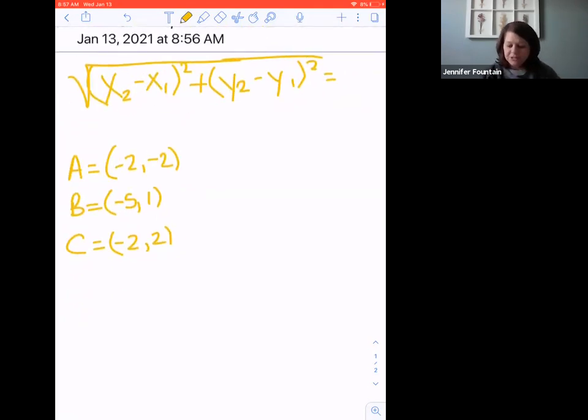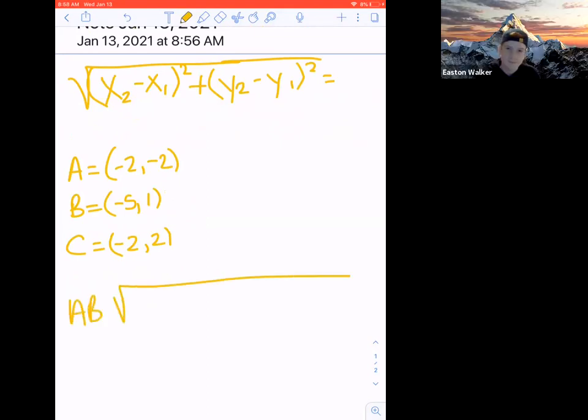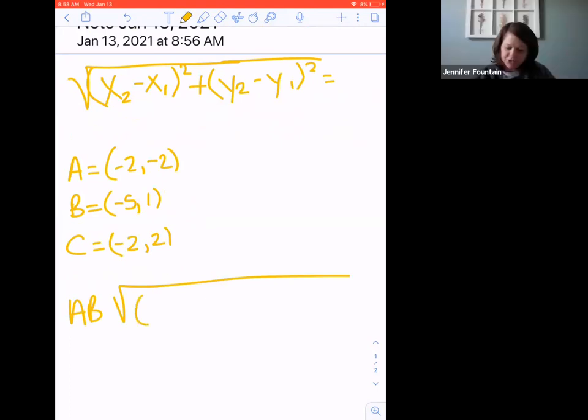I'm going to have to find my lengths for each of these sides. I'm going to look at the distance of AB. So x2 will be 1. So 1 minus a -2 squared plus -5 minus -2 squared.